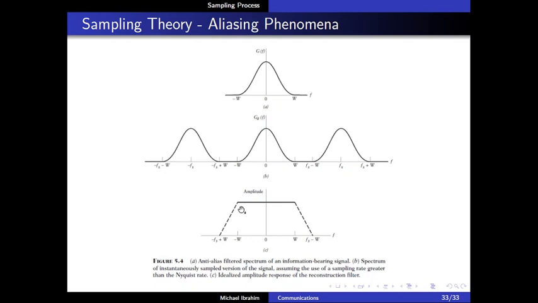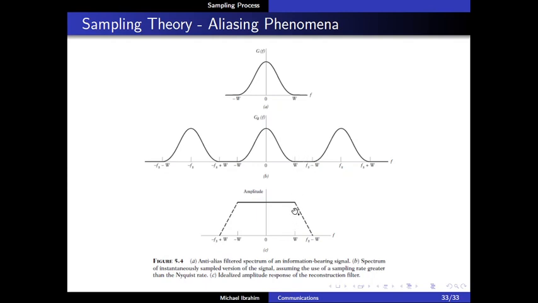We want the reconstruction filter to have a flat response between minus W and W, and then it should decay gradually until it reaches a very low response around Fs minus W and minus Fs plus W. This kind of reconstruction filter can be implemented physically, but this is possible because we have chosen Fs to be slightly larger than 2W, introducing this guard band.